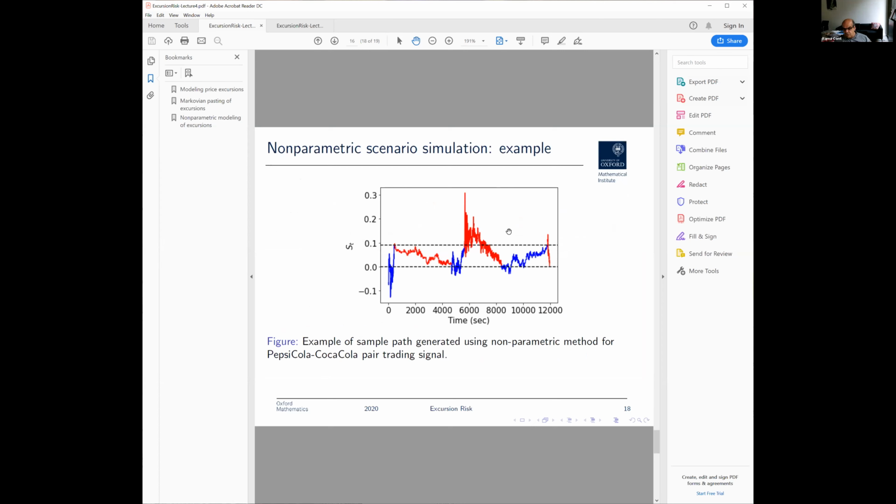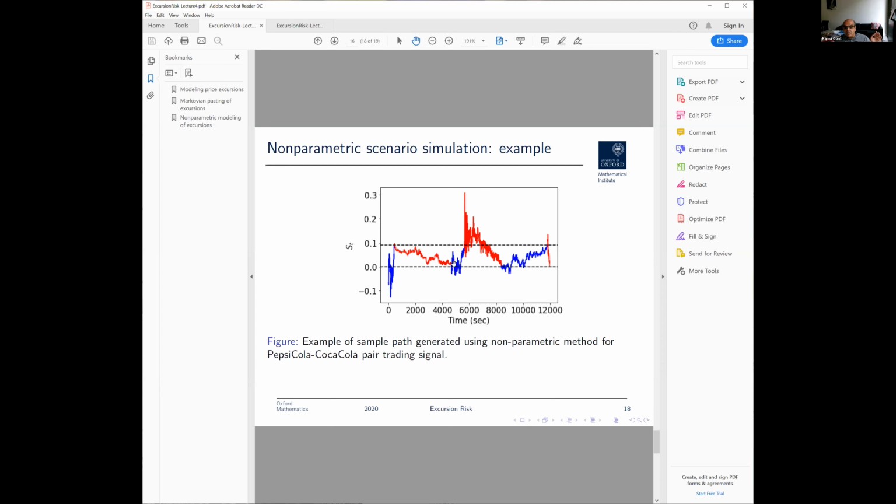So here's an example generated from the Coca-Cola Pepsi trading signal. So what do I do here? I take my 10 years of data for this signal, and then I slice each day into delta excursions. And then here is an example of a sample path for one day, but generated using this nonparametric method. In this case, there are 3 delta excursions picked from the historical data.